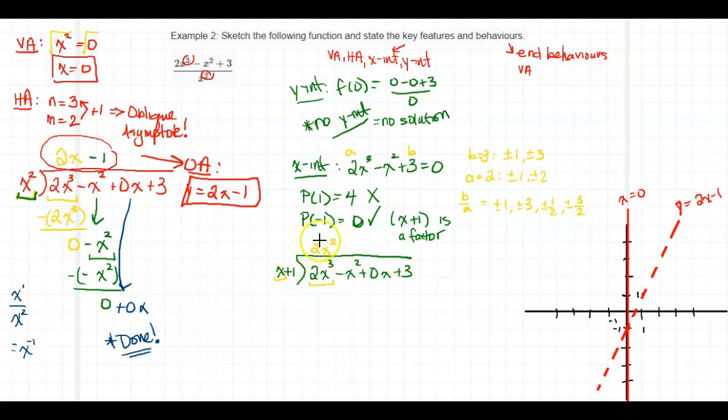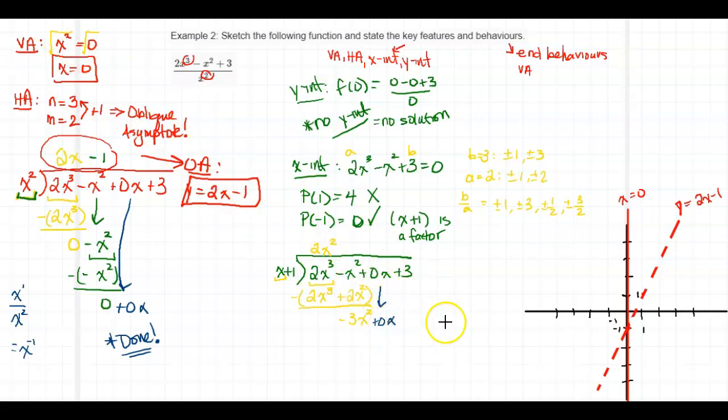Next step, multiply this by both terms here. 2x^2 times x gives me 2x^3. 2x^2 times 1, 2x^2. And I subtract. If I've done this correctly, this and this will cancel, which it does. So negative x^2 minus another 2x^2 leaves me with negative 3x^2. And then I bring my next one down.